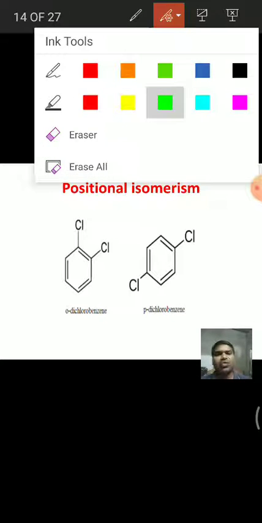In the first one they are placed at the 1,2 positions, and in para-dichlorobenzene at the 1 and 4 positions. That means the position of the substituents is different. That's why these are called positional isomers.